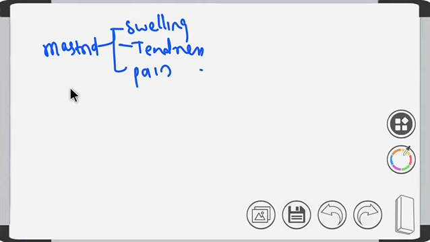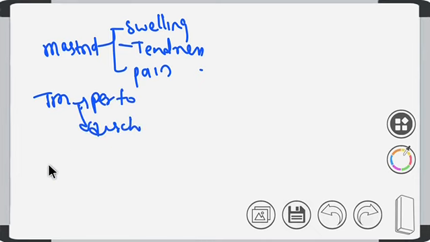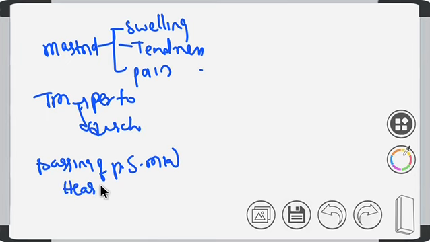Then if we take the tympanic membrane, we have perforation and discharge. And we have sagging of the posterior superior meatal wall. Clear? And we have hearing loss also, and fever. So this is about signs and symptoms.